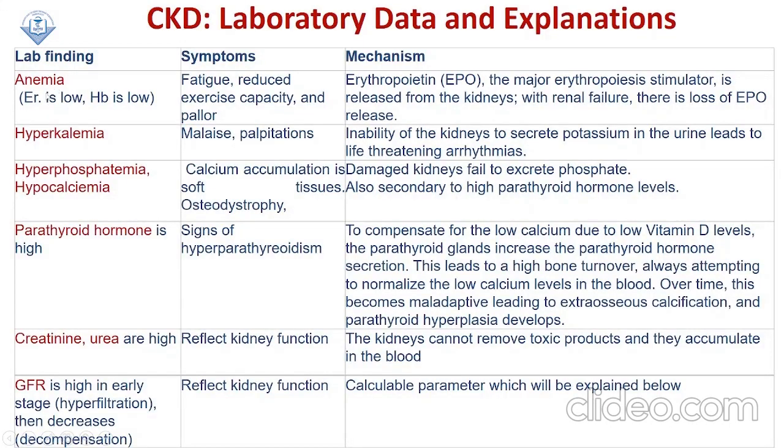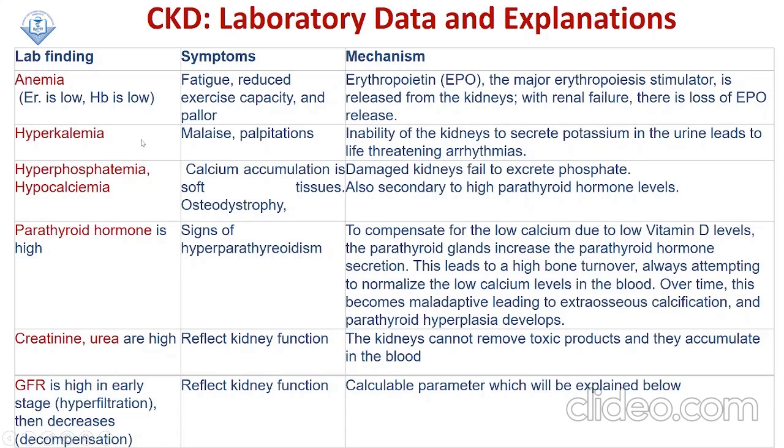Diagnostics of chronic kidney disease. Laboratory methods. First of all, we can detect anemia. That means erythrocyte level is low, hemoglobin level is low. Anemia manifests with fatigue, reduced exercise capacity, paler skin, and all other signs typical for anemia, while it develops due to decreased erythropoietin.